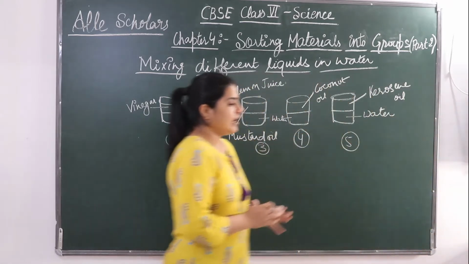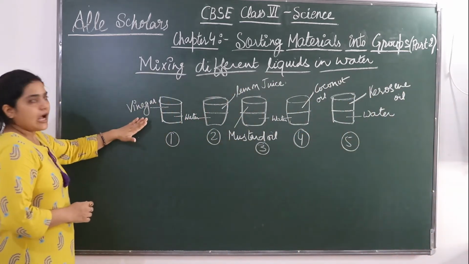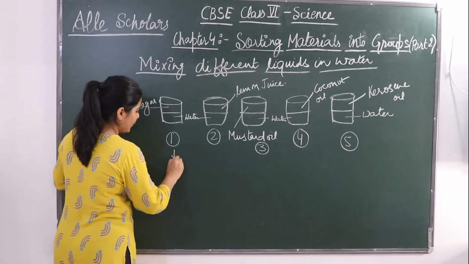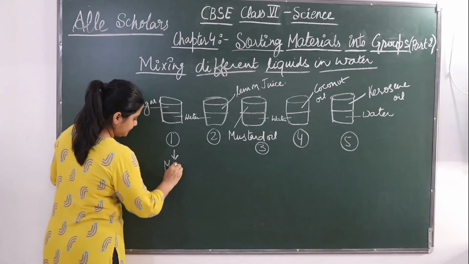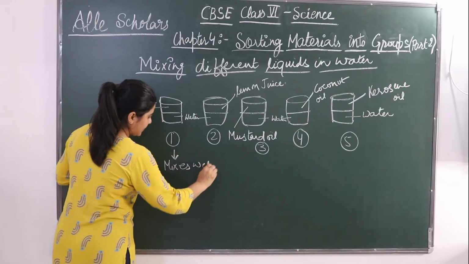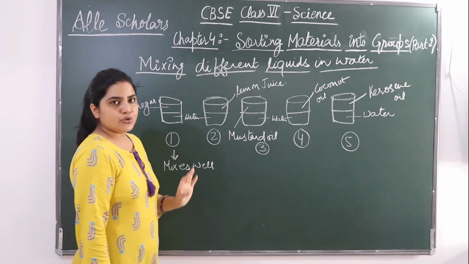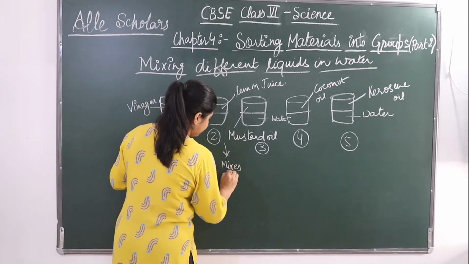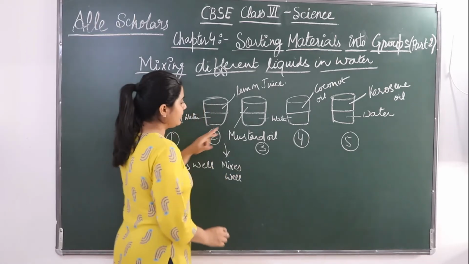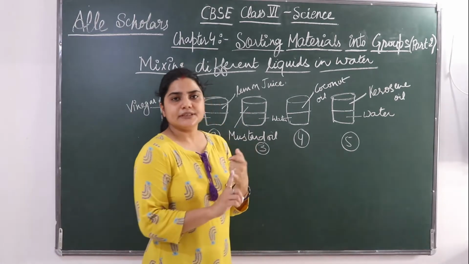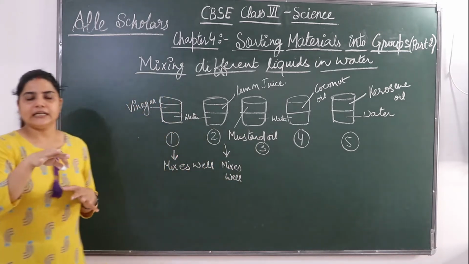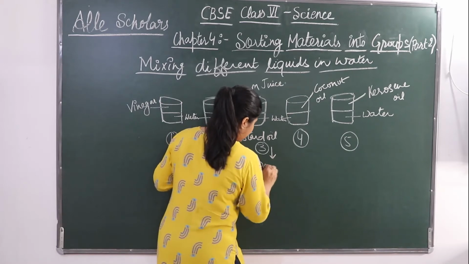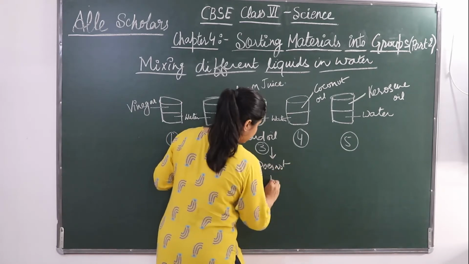Okay, so what we are going to see, when we have put vinegar in the water, it mixes well. This lemon juice, it also mixes well. The third category is of mustard oil. Mustard oil does not mix. It keeps on floating on the surface of the water.